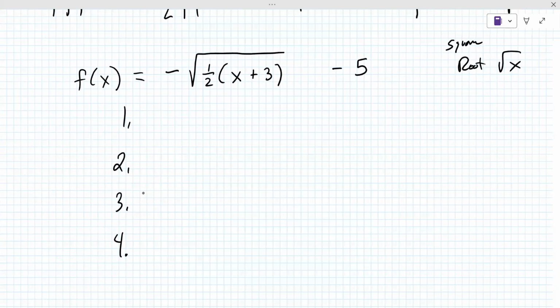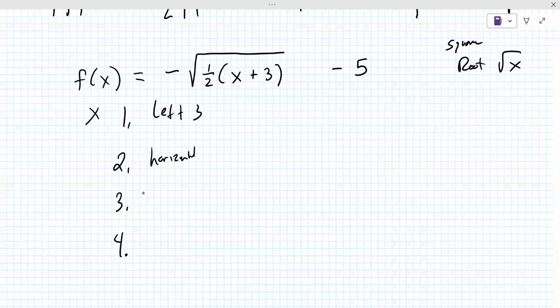All right. This one would be move left 3 units. Okay, left 3. And then stretch 2. Horizontal. Right. Horizontal stretch by 2. That's important. Reflect over the x-axis.